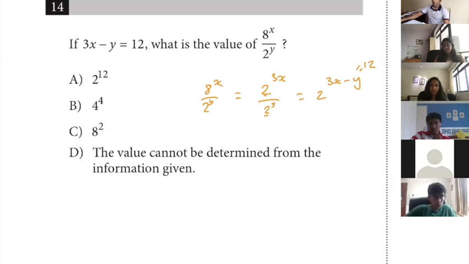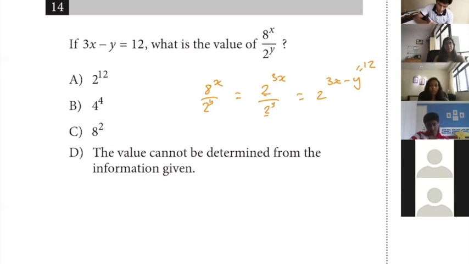Thank you. Someone raised their hand. You can unmute. Hey. Do you want to share what you did? It was a bit of a process of elimination. I wasn't quite sure exactly how to do the question, but I just felt the answer wasn't D because I feel like it was just a trick.